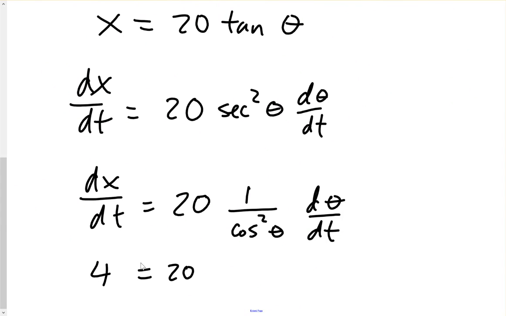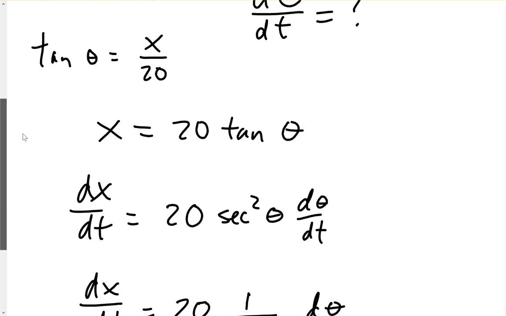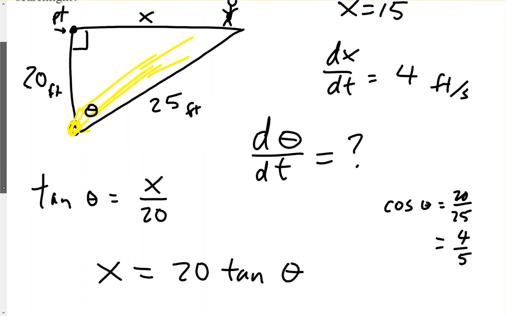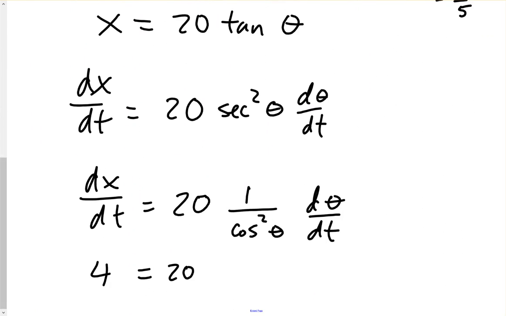We have 20. For cosine squared, let's figure out cosine of theta. Cosine of theta would be adjacent over hypotenuse, so cosine would be 20 over 25, which will reduce to 4/5. And so we would have 1 over (4/5) squared, d theta/dt.